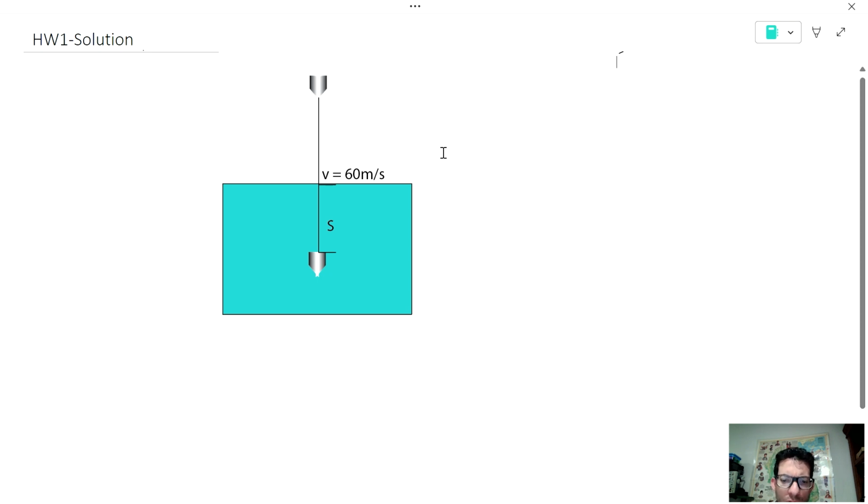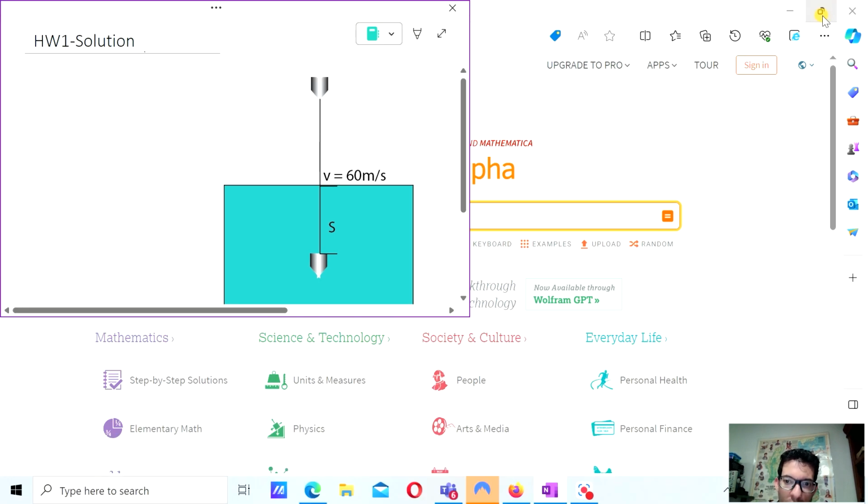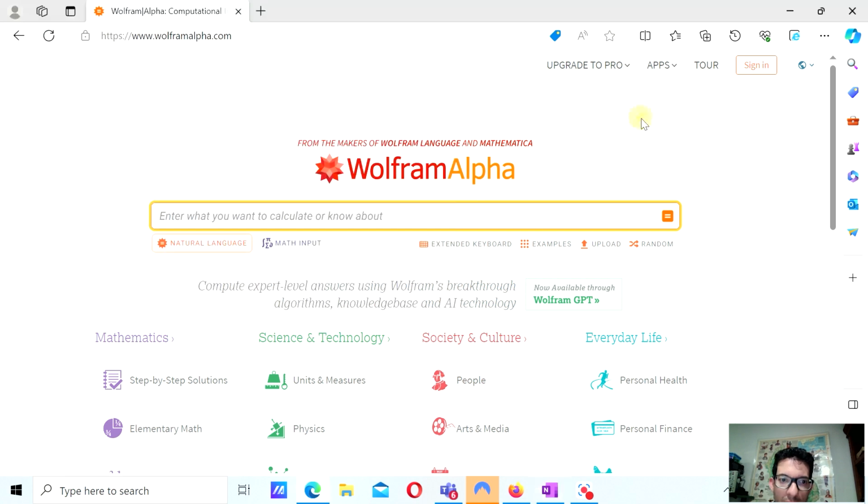Okay, so before we start, I want to share something with you that will help you somewhat with your problems from now on. To make things simpler, we should use a tool to help us integrate and differentiate. You can use these for other classes too.